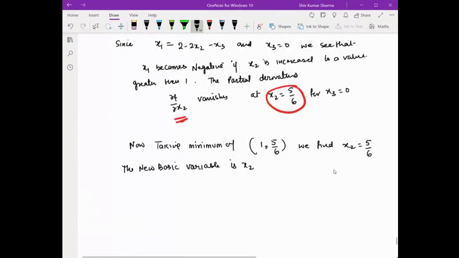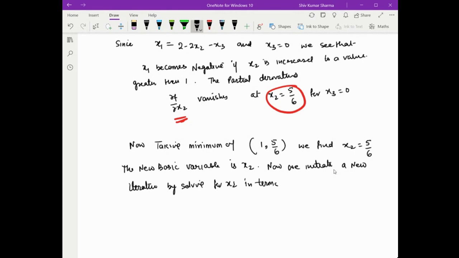So we initiate a new iteration by solving for x2 in terms of x1 and x3.